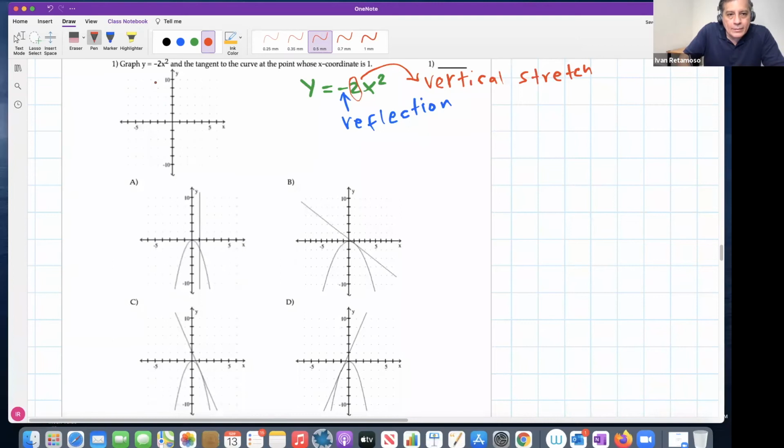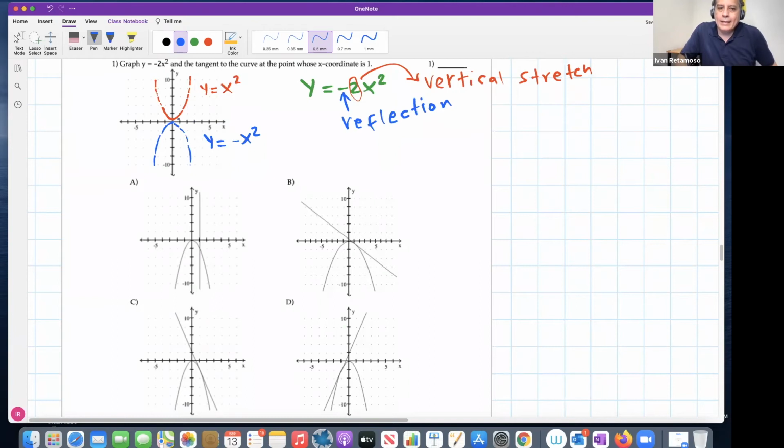So the idea, try to start with the graph of the parabola, just like this. Then from there, go to the reflection. A mirror image of this because whatever is positive becomes negative here.